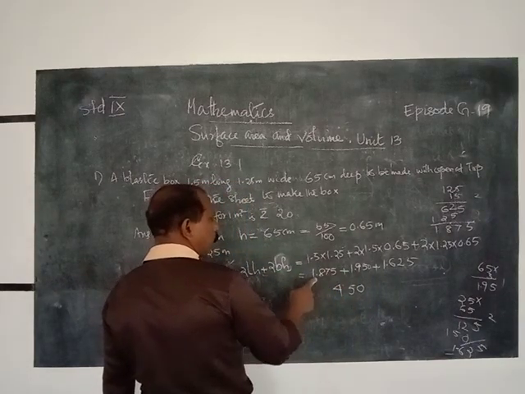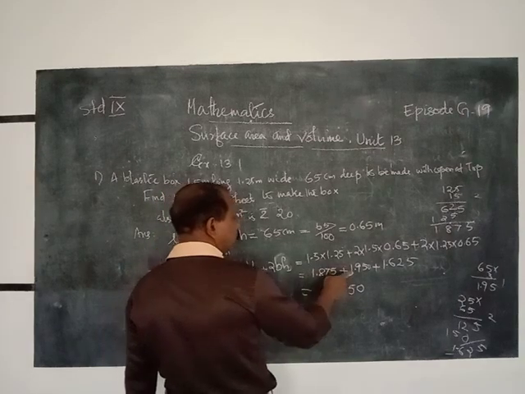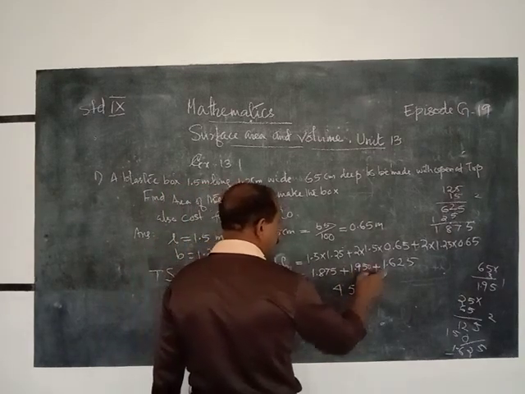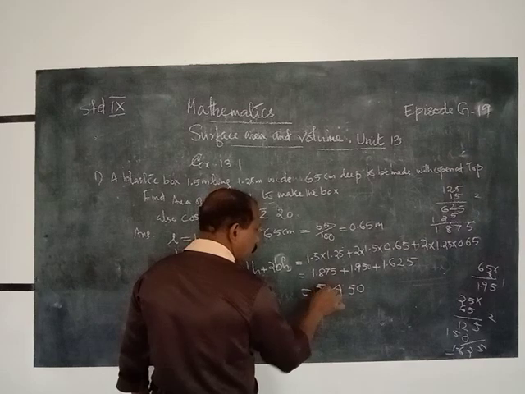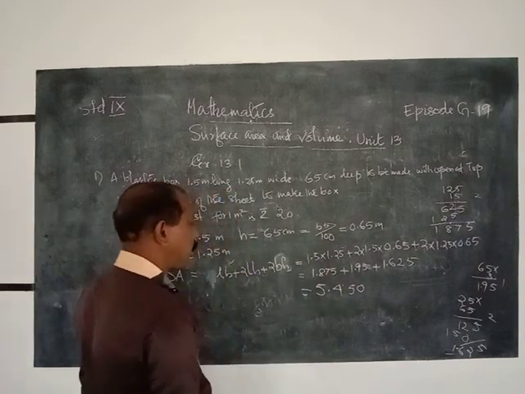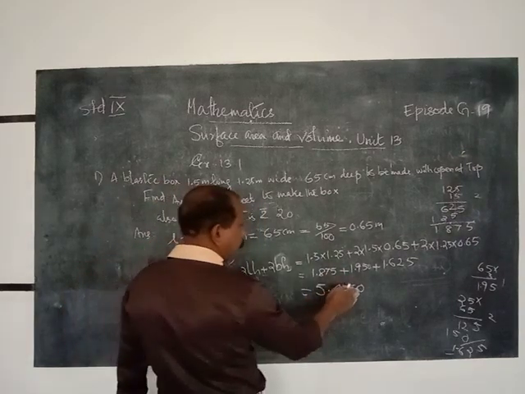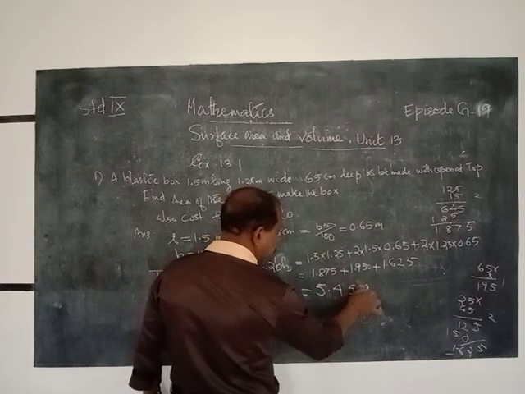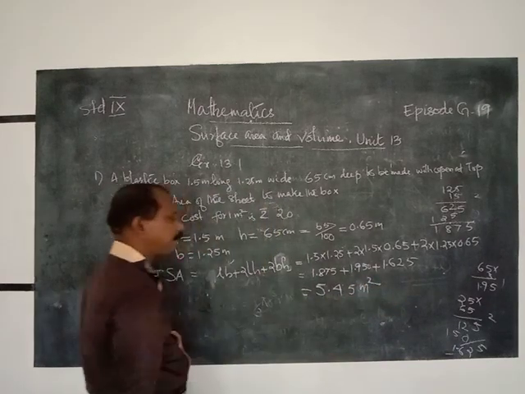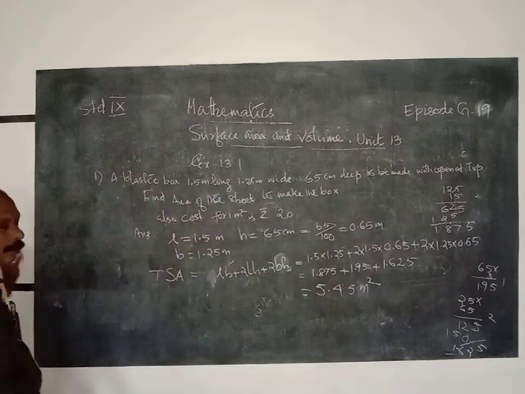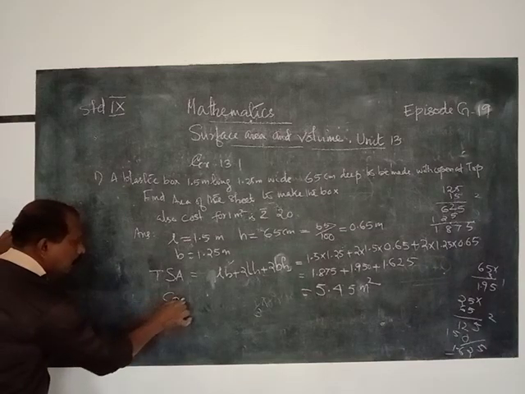Then 2. 2 plus 1, 3. Plus 1, 4. Plus 1, 5. That is 5.450. That is 5.45 meters square. That is the area. Then cost.